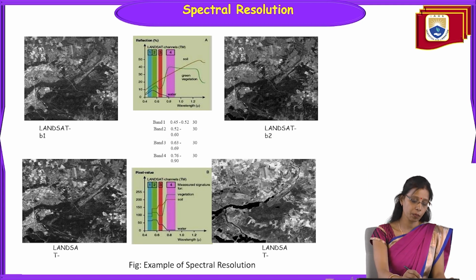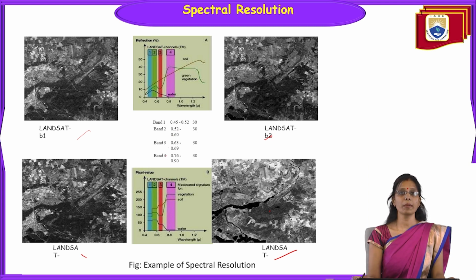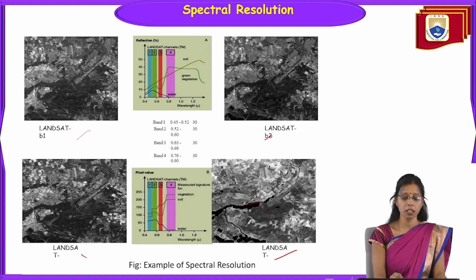Now, when we see the spectral bands, here we have Landsat images. These images give us the information in band 1, band 2, band 3, band 4. So 4 bands it is giving us the information. That means we are able to differentiate the image even though it is a black and white image. We are able to differentiate the river, all these types of buildings, and different types of vegetation.